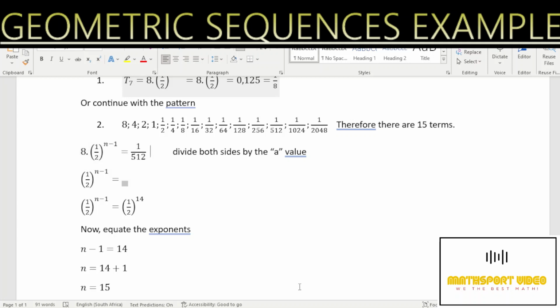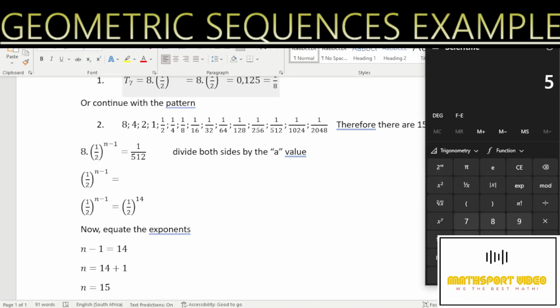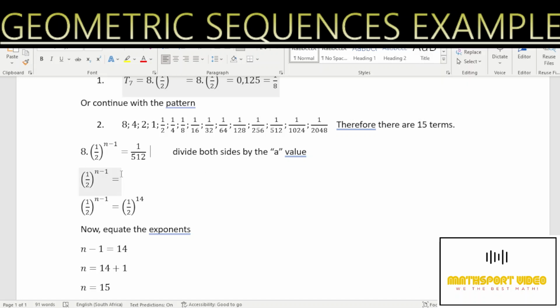Right, so 1 over 512 divided by 8 is going to become 1 over 64. 1 over 64 is the same thing as a half to the power of 6. So then n minus 1 is going to equal 6, and so n is going to equal 7.